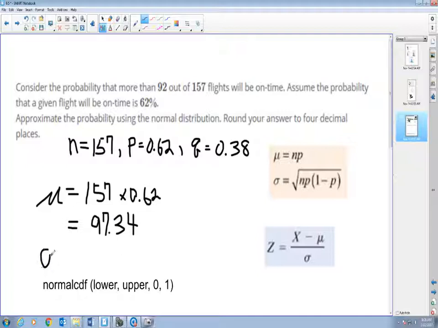Alright, standard deviation, which is square root of n times p times q, 0.38.